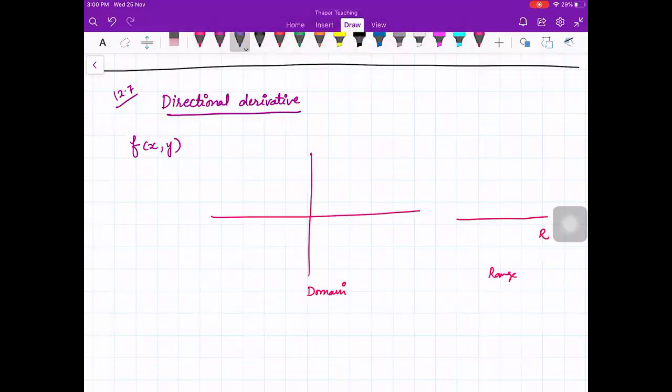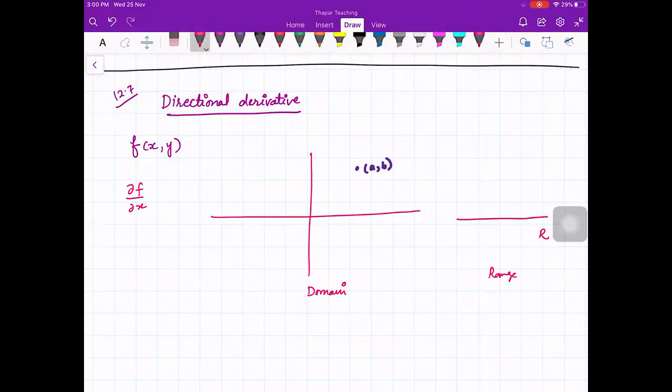Fine. Now suppose you have a point (A, B), right? So if I talk about ∂f/∂x, it means that I am talking about, okay, let me tell you like this.